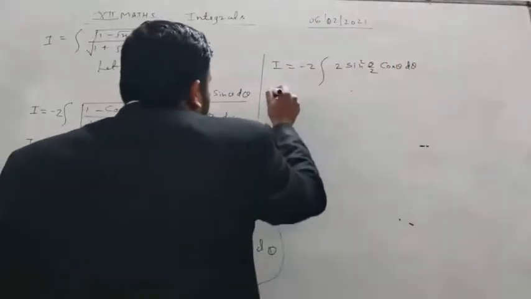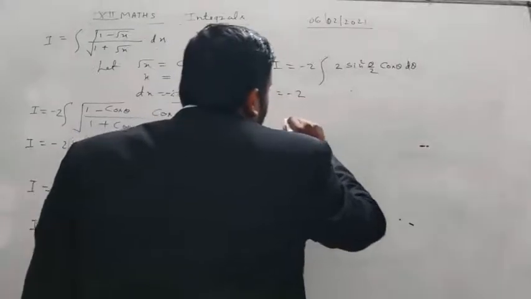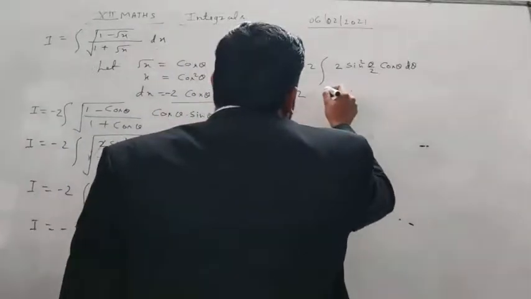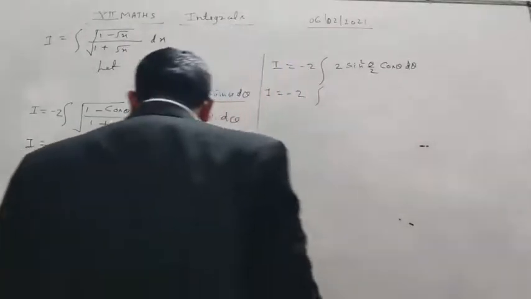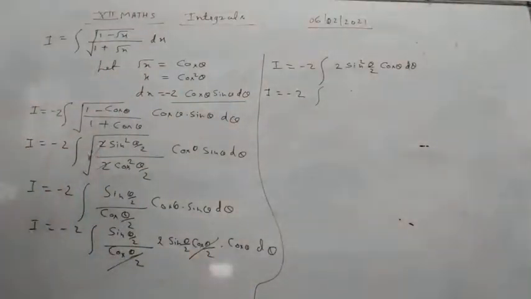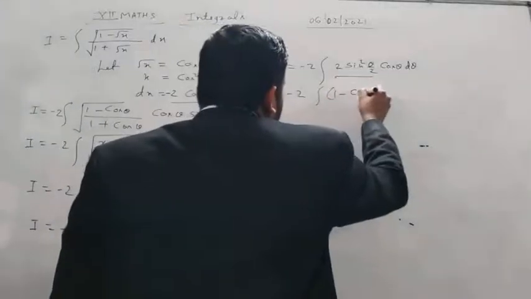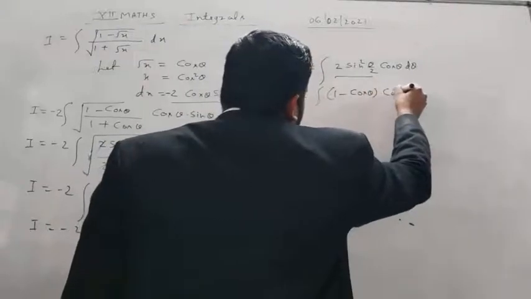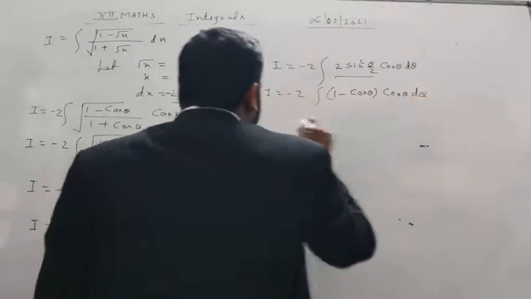So I is minus 2 integral of 2 sin square theta by 2 times cos theta d theta, and this we can write as 1 minus cos theta d theta.